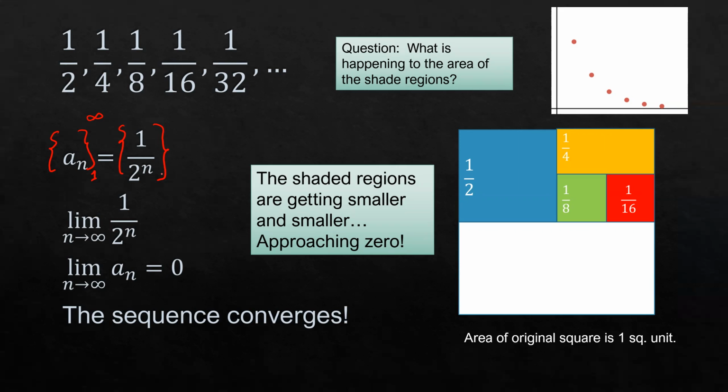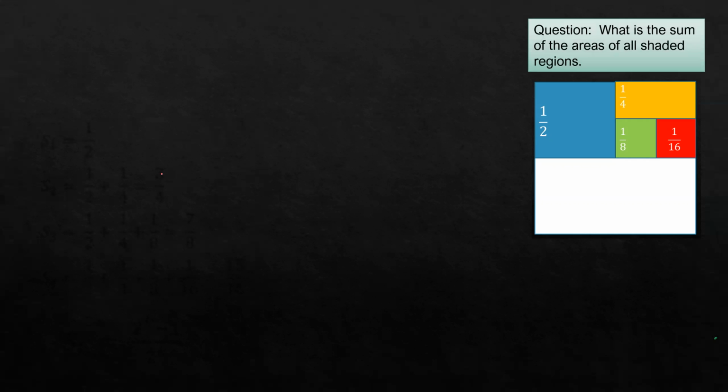Okay, now that's how we see that as a sequence. Now, what if the question about the same visual is not the individual areas, but what is the sum of all of the areas of the shaded regions? So we are adding, adding. So we have a series, right?